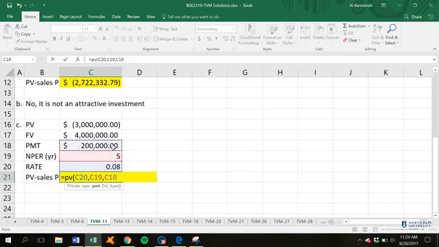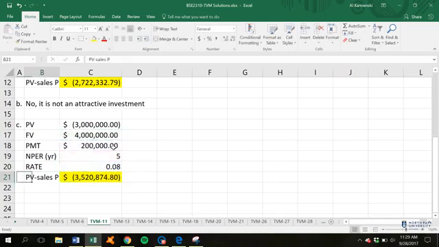There's my payment, 200,000. There's my future value. And now the present value of the sales price of $4 million in 5 years, added then with the $200,000 a year rental payment you get, says that you should be willing to pay up to $3.5 million for this property right now.